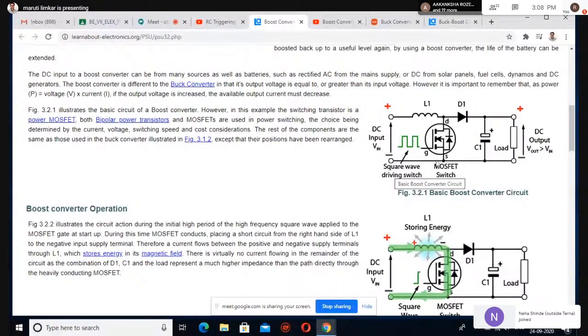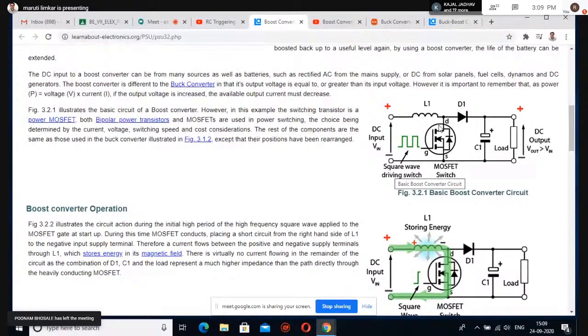When this switch is in the on state, if we apply the gate signal to this MOSFET, then the MOSFET is in the on state. Means at that time this switch is closed and current flows through the DC supply, inductor L1 and switch.